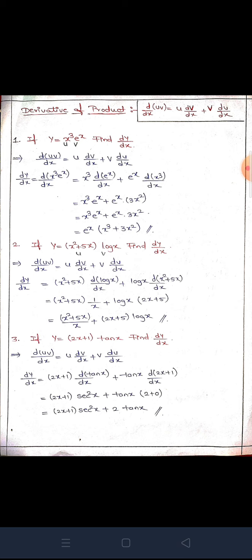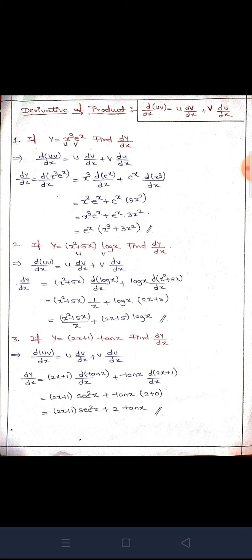Second question, if y is equal to x square plus 5x into log x, find dy by dx. Here x square plus 5x is u and log x is v. Then first write the u into v rule, then substitute u and v in the rule. That is u dv by dx, u is a constant, plus v du by dx. So u is x square plus 5x as it is.